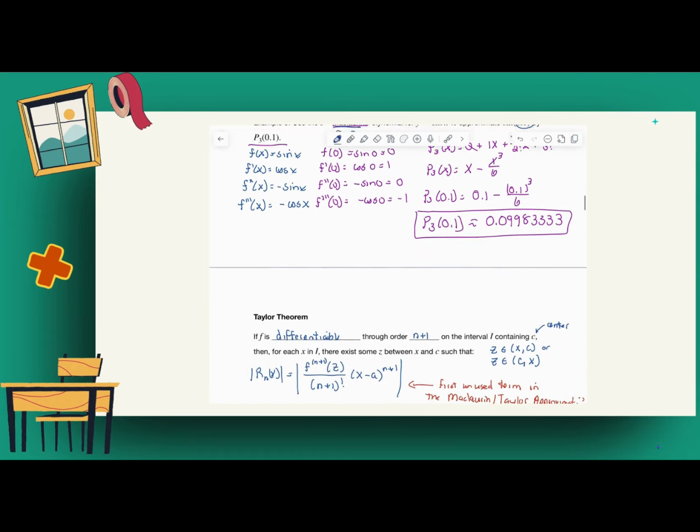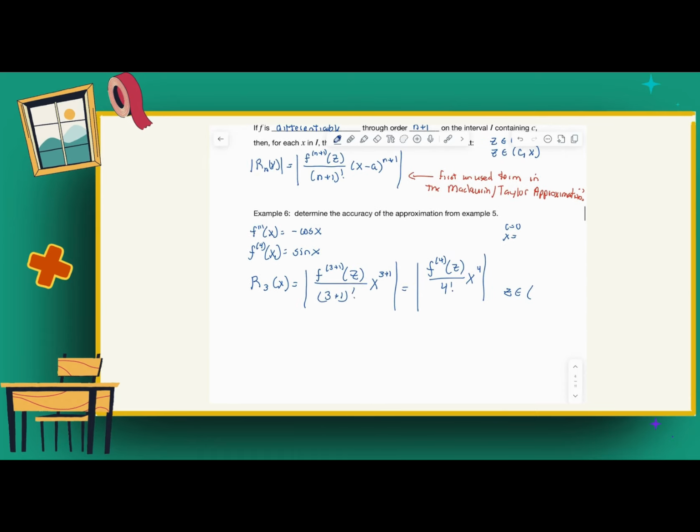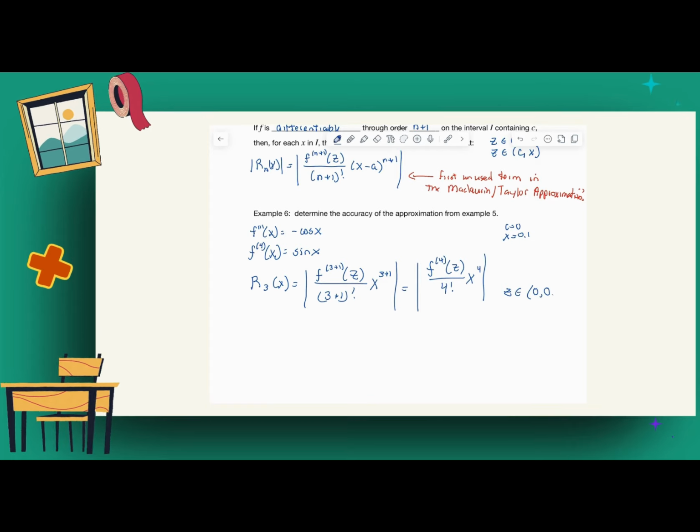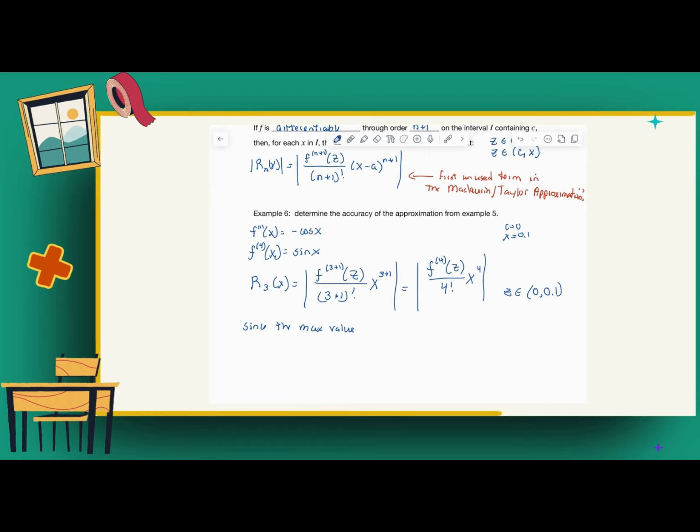Now remember, z is going to be between our center and our x. In this case, our center is 0 and our x is 0.1, so z has to be some number between 0 and 0.1. If z is exactly 0.1, that would be our maximum for that sine function, because remember, from 0 to 1, our sine function is increasing.